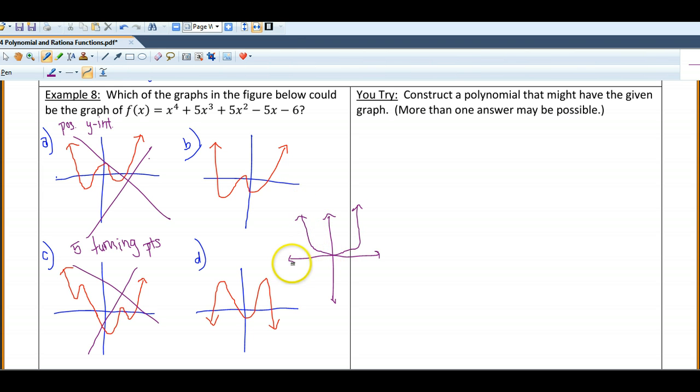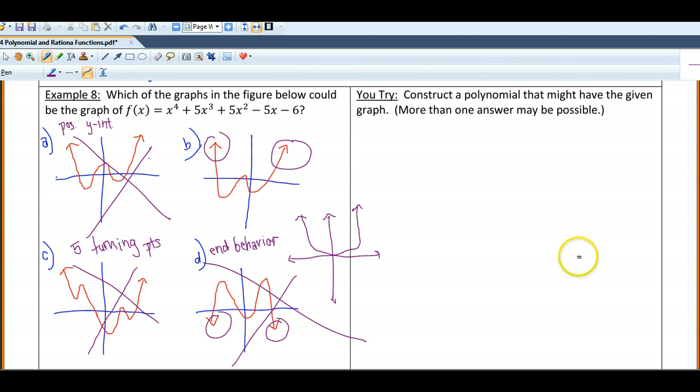F of x, as x goes to negative infinity, as x goes to positive infinity, the graph goes to infinity. This one has similar end behavior. This one resembles negative x to the 4th power. Okay? So it can't be this one. Okay? And I'll write a note here for end behavior.